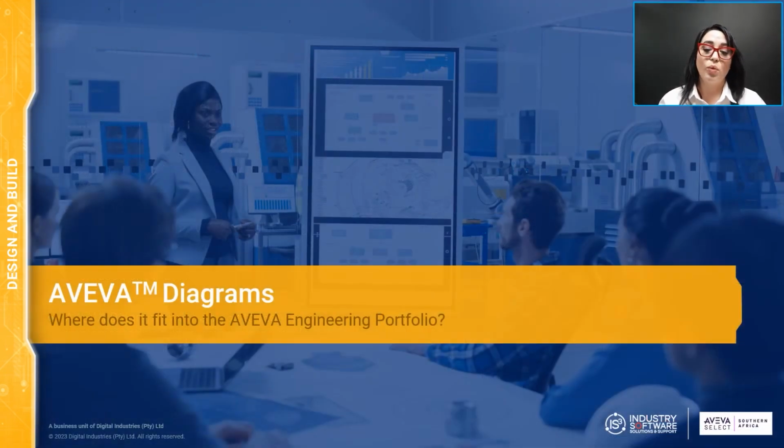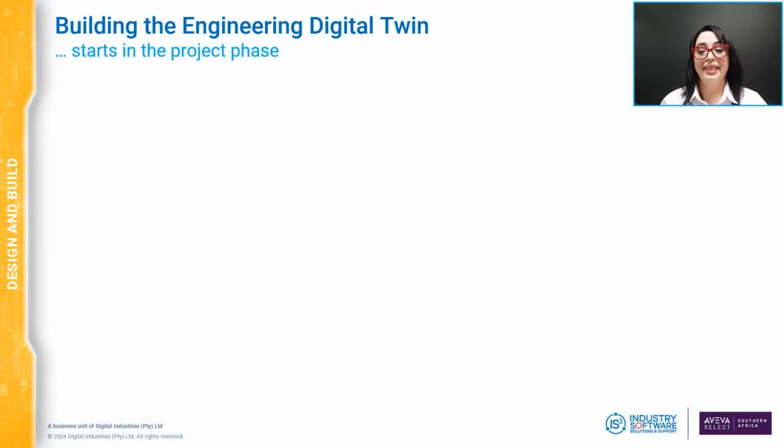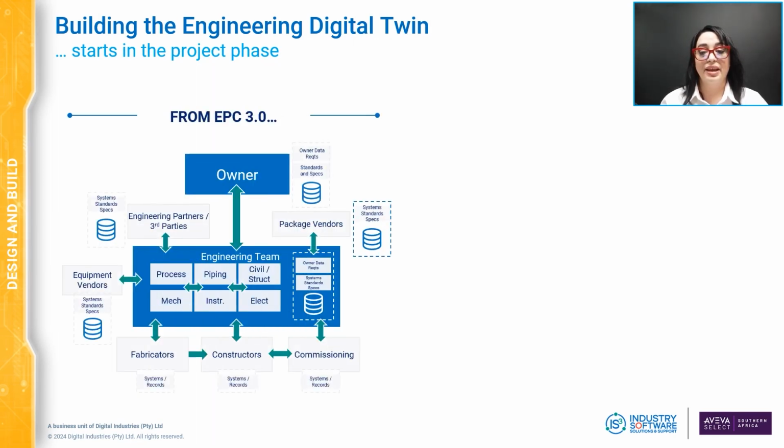Let's chat about where AVEVA fits into the engineering portfolio. Building the engineering digital twin starts in the FEED stage. Our EPCs functioning at EPC 3.0 usually sit in a siloed environment from the owner-operator.